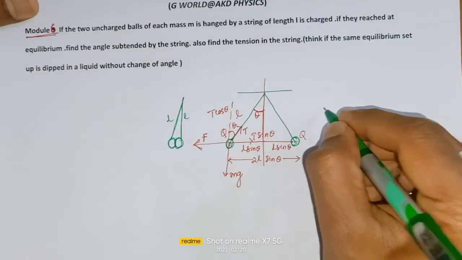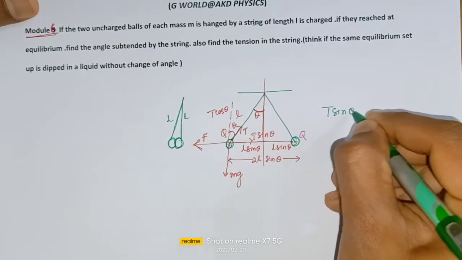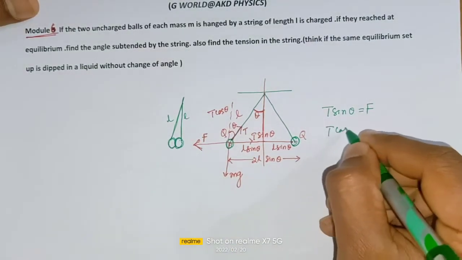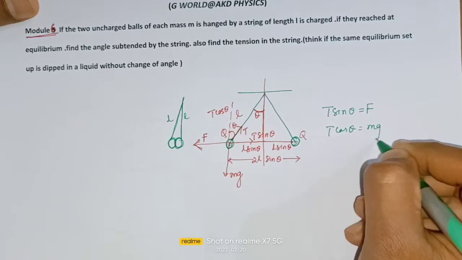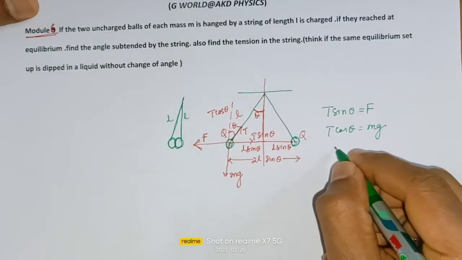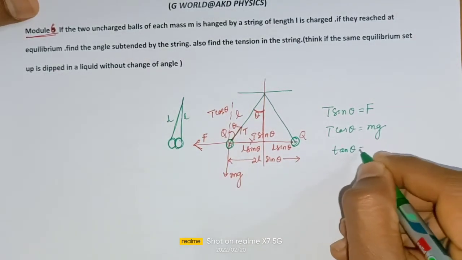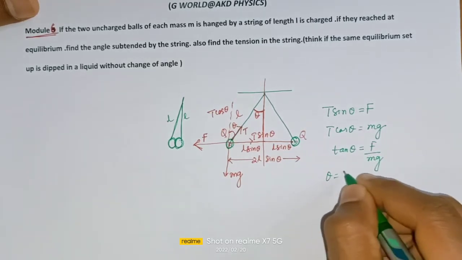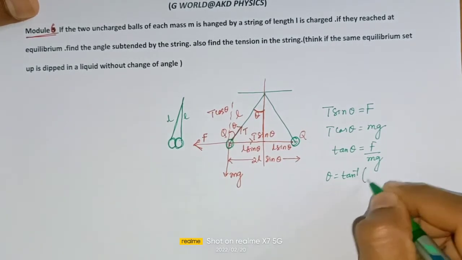So T sin theta equals F and T cos theta equals mg. So tan theta equals F by mg, and theta equals tan inverse of F by mg.